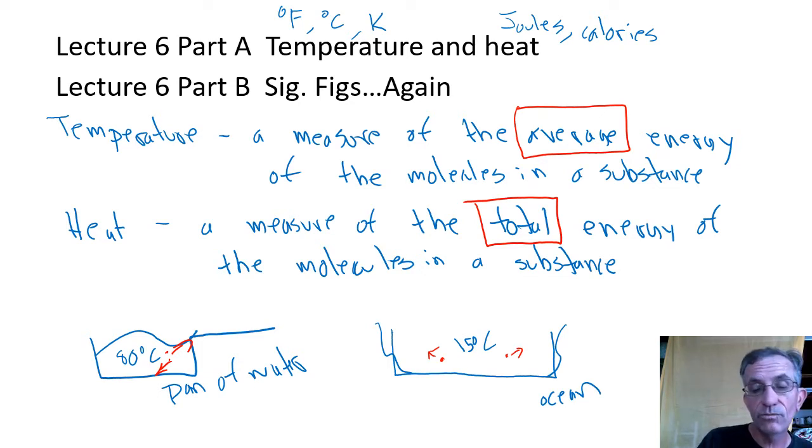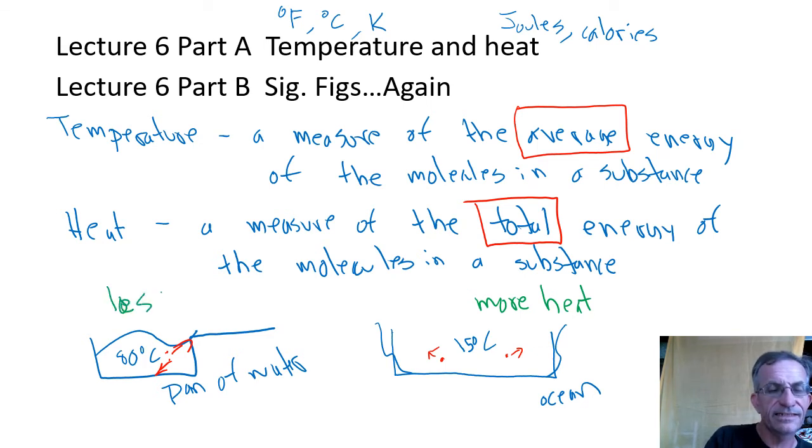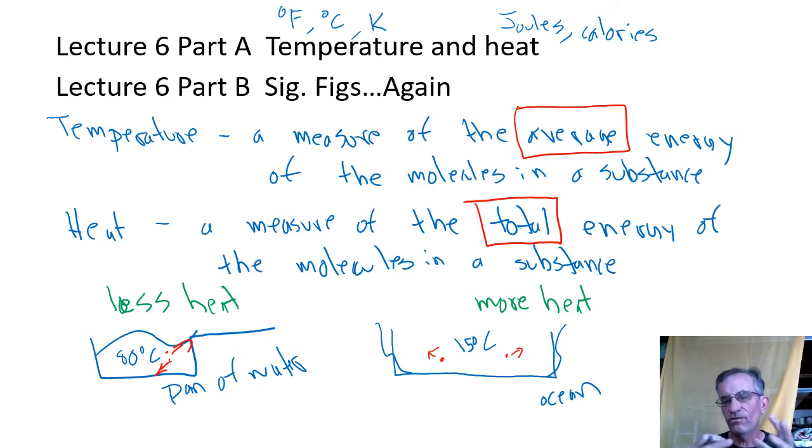So the ocean would have more heat, higher heat, and the pan of water would have less heat. The difference is that when we combine all those energies together in the ocean, you get a way bigger amount than if it's just in the pan. All right, so that's the big difference.